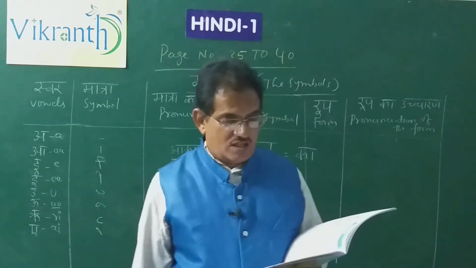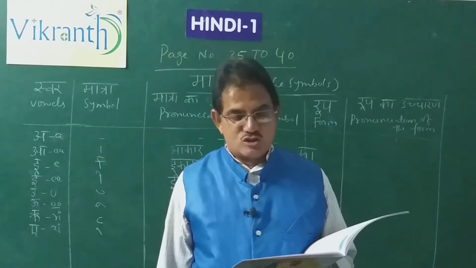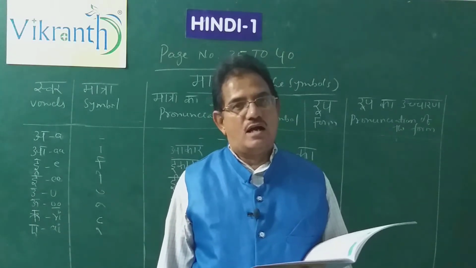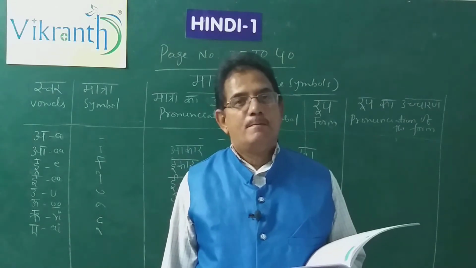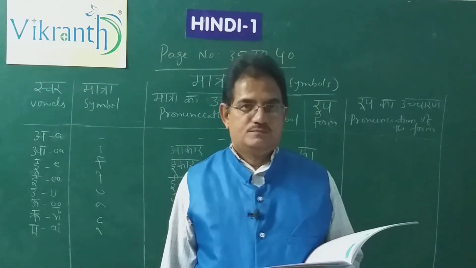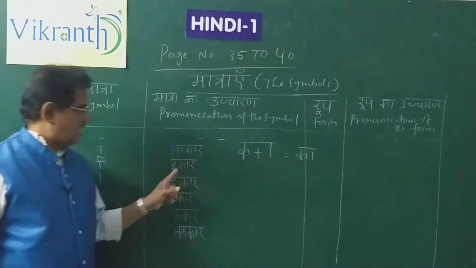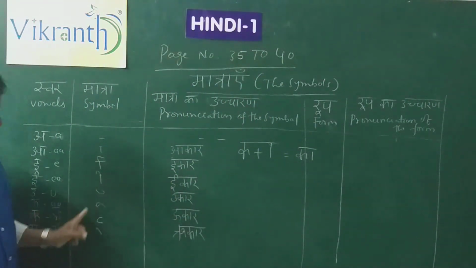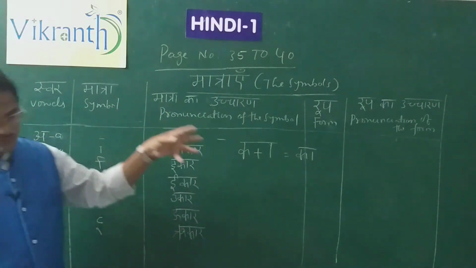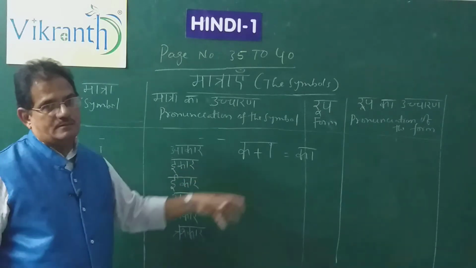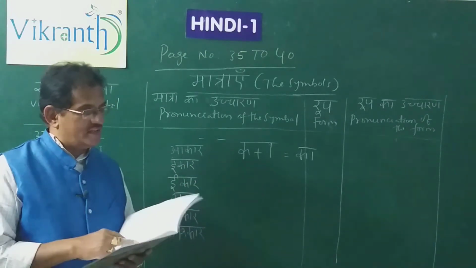If you add, children, these symbols to the consonants like ka, kha, ga, gha, you form bara khadi. When we add these symbols, akar, ikar, and so on, to any consonants, those form bara khadi. Bara khadi means what? 12 letters you will find there.